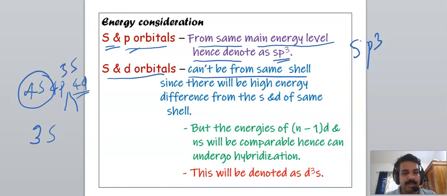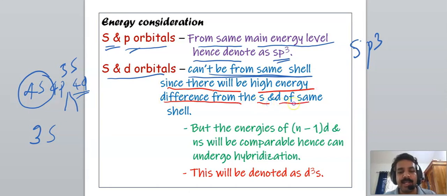That is, s and d orbitals can't be from the same shell, since s and d orbitals of the same shell will have a high energy difference. So they cannot, because we know that the atomic orbitals involved in hybridization should have comparable energy.